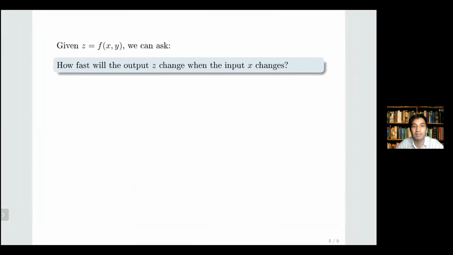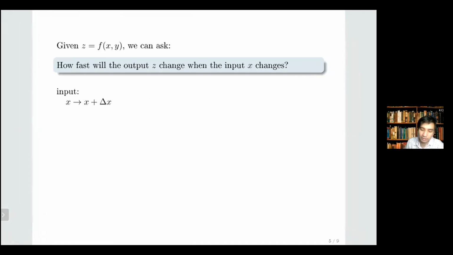So gusto nating malaman yung change in output over the change in input. Pero kasi nga dito sa case natin na ito, dalawa na input natin. So we just choose one of the inputs. Halimbawa, yung x.